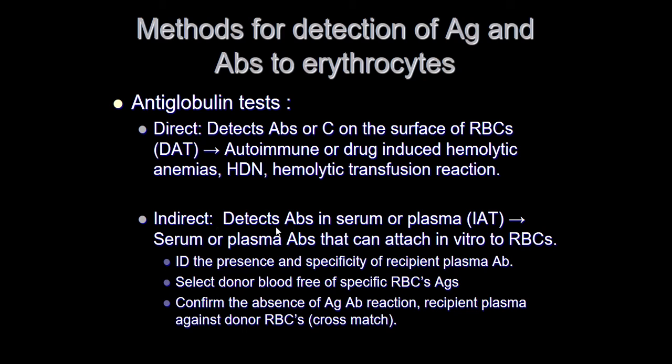Or in the indirect Coombs, we detect the antibodies, not the cells, and we sensitize them in vitro. So we detect antibodies in serum or plasma, indirect antiglobulin test. So we get the serum or plasma. They do have antibodies that can attach in vitro, and we make the attachment or sensitization in vitro to red blood cells.